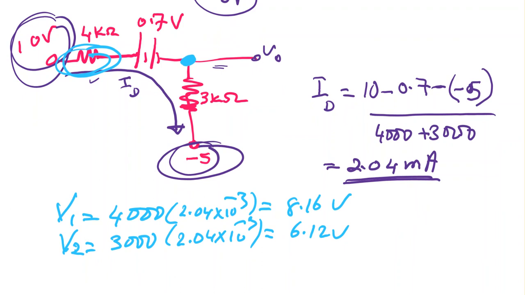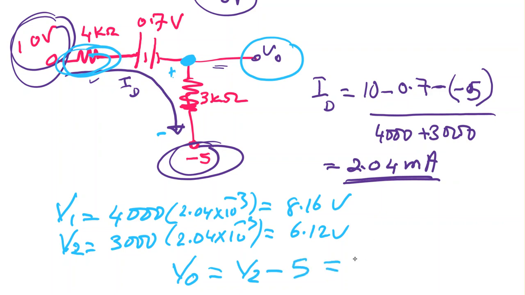So if this voltage here is 6.12, then what is V output? I can say that V output is equal to the voltage V2 minus the 5 volts, and therefore it will be 6.12 minus 5, which is 1.12 volts.